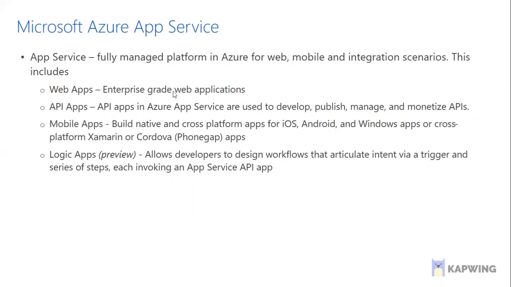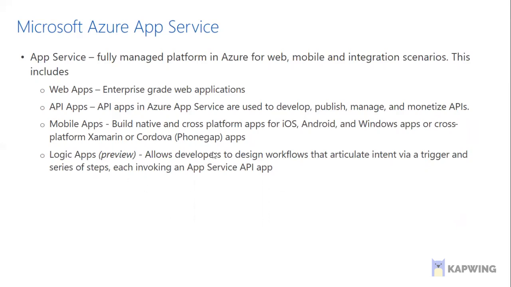In web apps, enterprise grade web applications. Then API apps in Azure app service are used to develop, publish, manage, and monetize the API. Mobile apps are used to build native and cross-platform apps for iOS and Windows, or cross-platform Xamarin or Cordova apps.